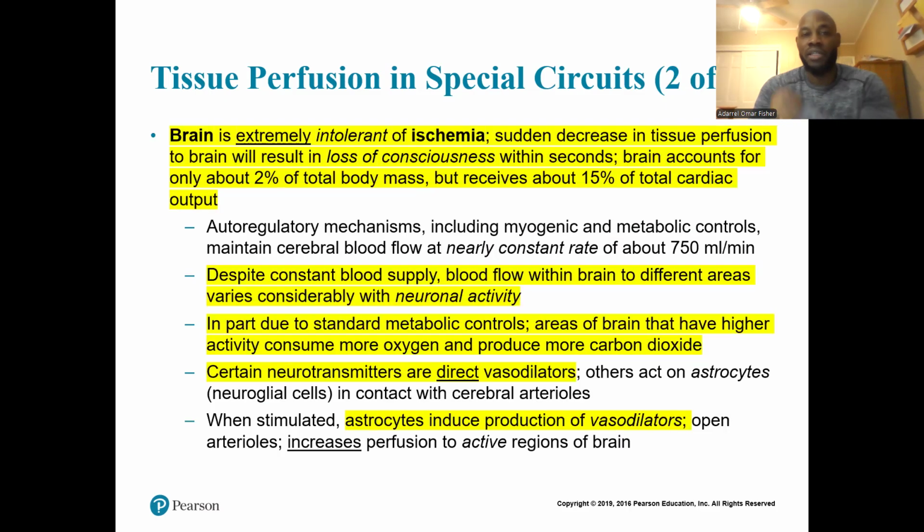The brain has 15% of the total cardiac output, right? It needs blood, it needs oxygen at all times. It's only 2% of the body mass, but 15% of the total cardiac output. If your brain doesn't get blood, and this is why CPR, cardiopulmonary resuscitation, is so vital, right?